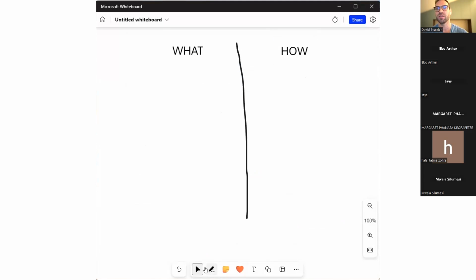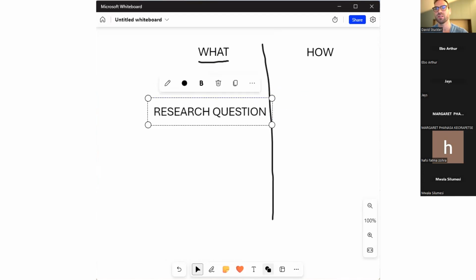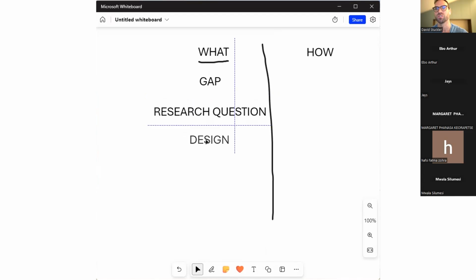And I think the thing that's easier for most of you is to wrestle with these what questions. Like, what's the gap in my research? What is my research question? And what is going to be the right kind of design that can answer my research question?